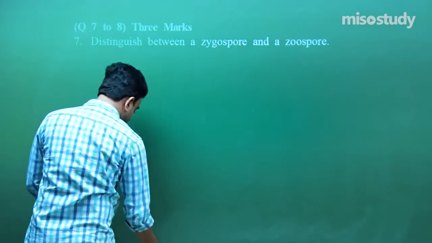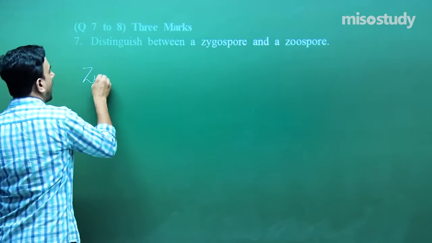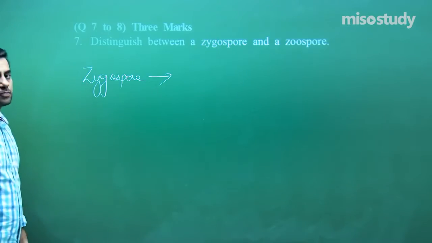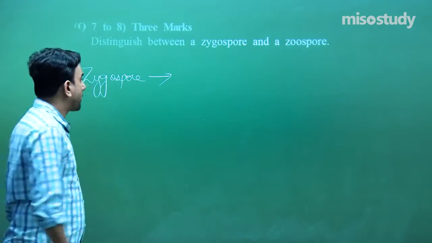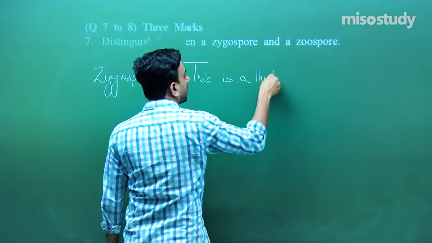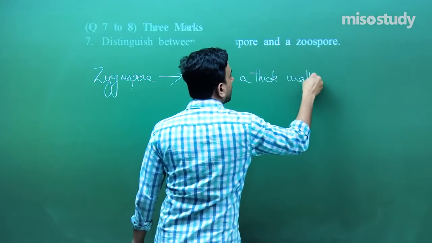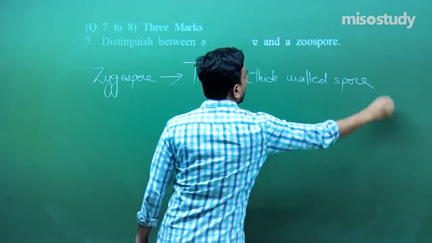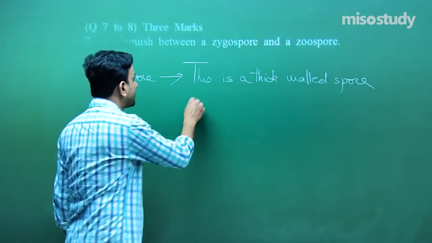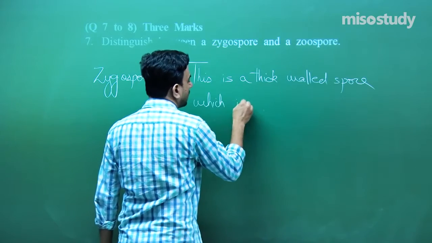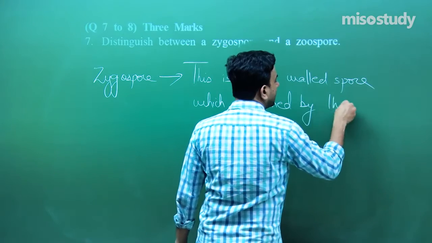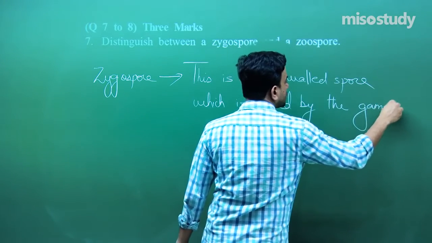A zygospore is a thick walled spore which is formed sexually, by sexual reproduction, by the gametangia.